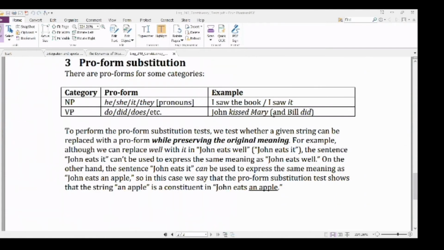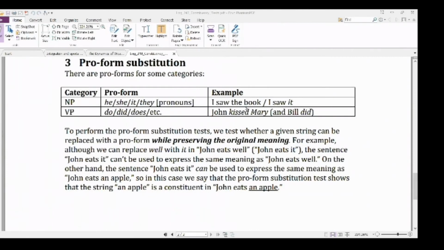So make sure that a constituent is something you can give as the answer of a question. You can arrange the question by yourself, as long as it is in the context of the sentence. This is the first test, the question answer test.